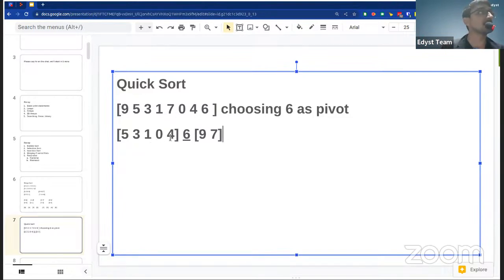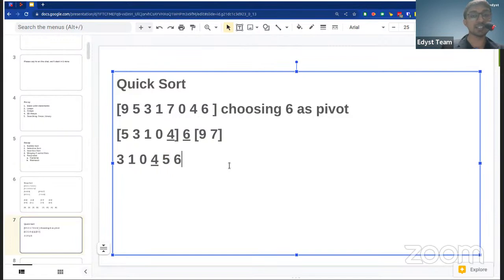When I apply quick sort here, what is the pivot I will choose? 4. So I'll choose 4 as the pivot. What should I do? Elements less than 4 should be on the left side. What are those elements? 3, 1, 0. 4 reaches its correct position and then 5 is over here. Okay.